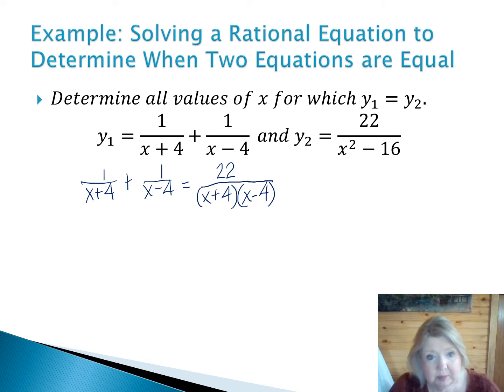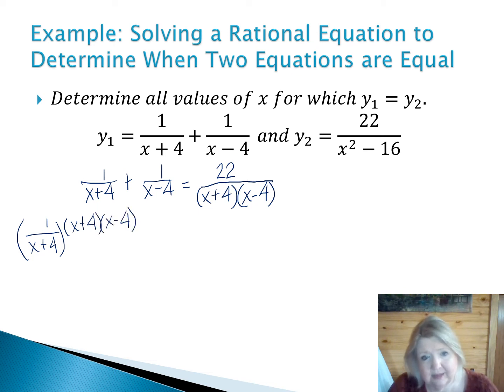So I'm going to multiply every term up there by x plus 4, x minus 4. So 1 over x plus 4 times x plus 4, x minus 4. Again, if it helps you to write this as a fraction over 1, there's some people who didn't do enough work with fractions and they need that. If that's your case, by all means, write it like that. It will not hurt my feelings at all in your scratch work.